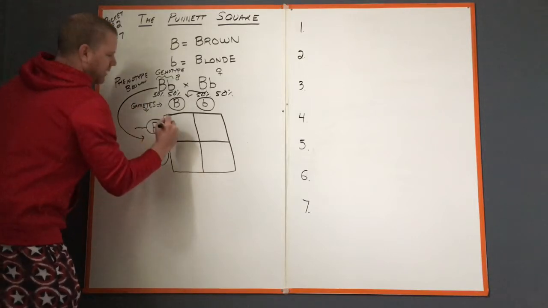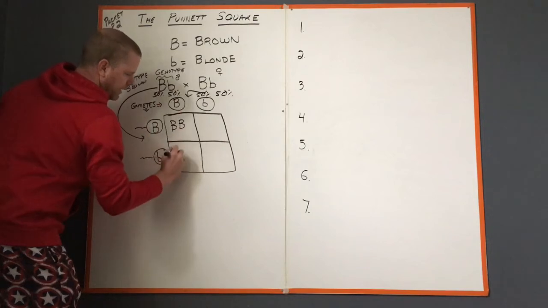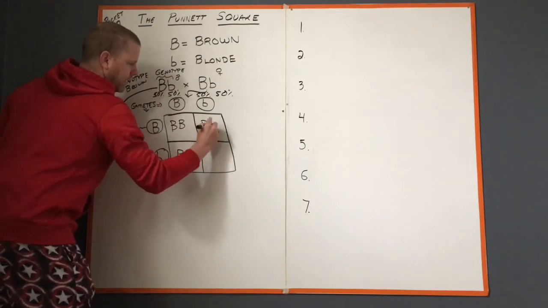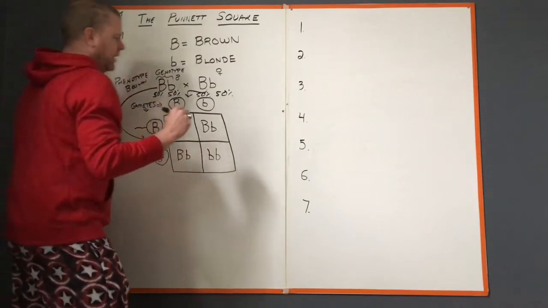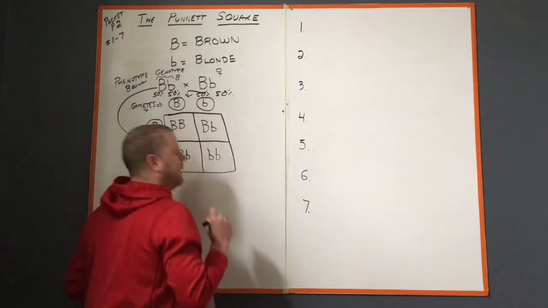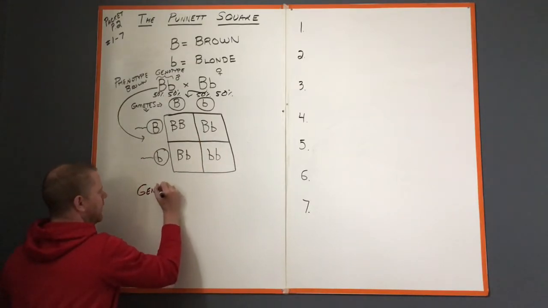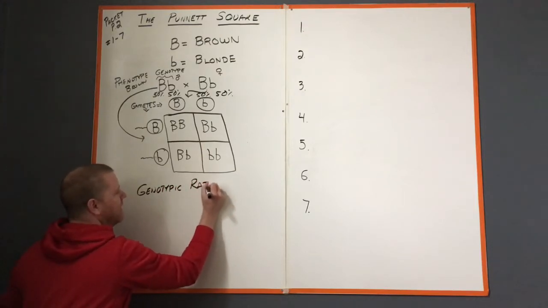So if we fill in this Punnett Square, what we get is this. We get a big B big B, we get a big B and a little b, we get a big B and a little b, and we get a little b and a little b. Now, if we were to look at genotypic ratio, okay? So, genotypic ratio, meaning what is the ratio of the letters?